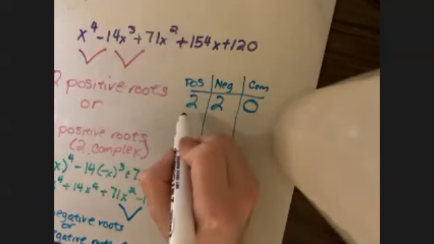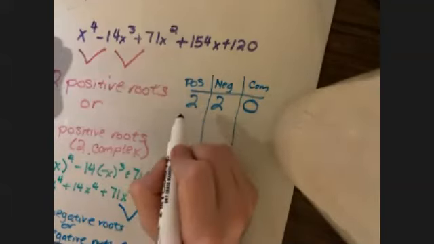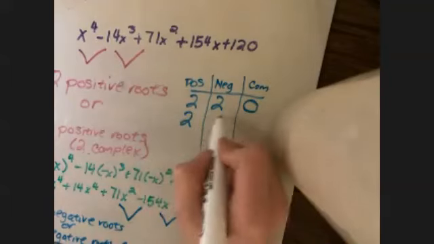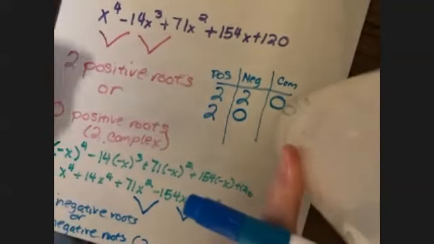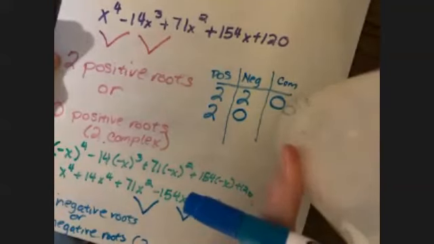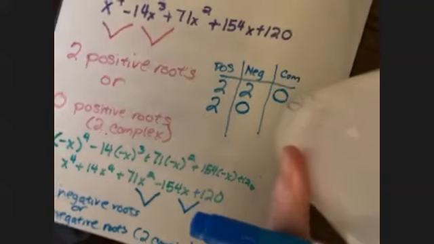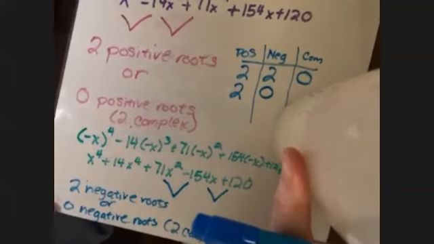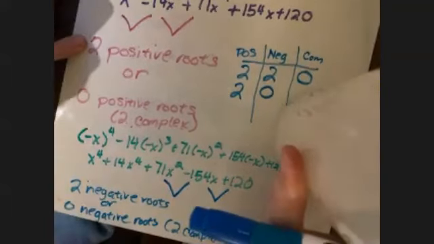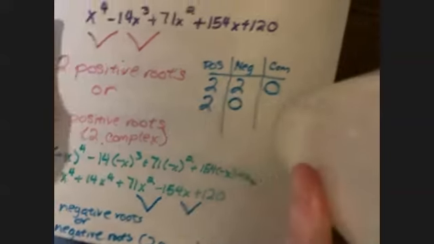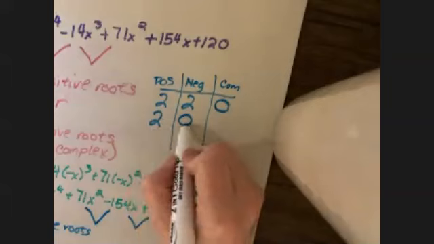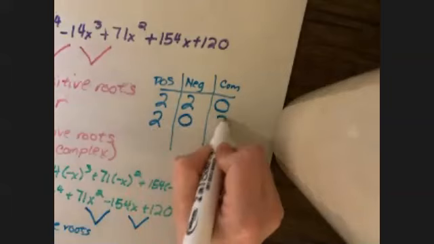Now, I could also keep the 2 positive roots, but have no negatives. So kind of what I'm doing here is I'm going this 2 with these 2 options. Then I'm going to go back and pick up this 0 with both of these options. We said when we gave up these, they came over here.